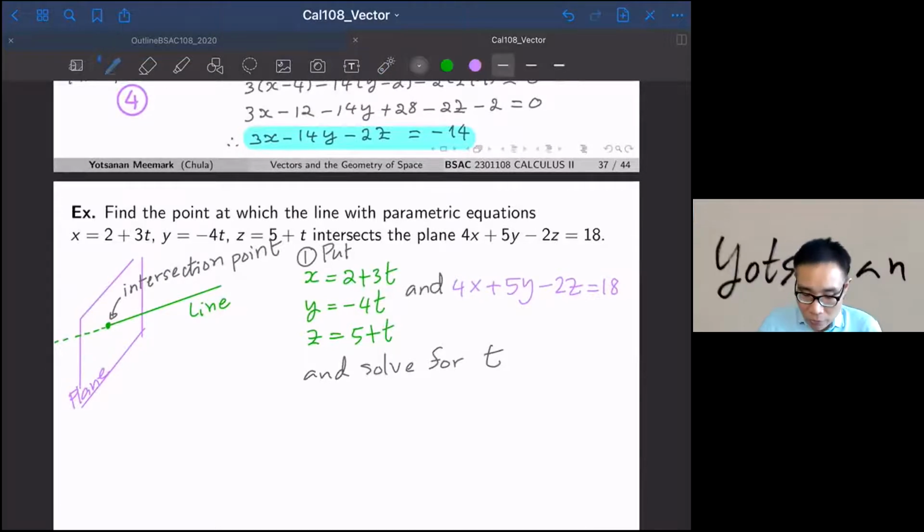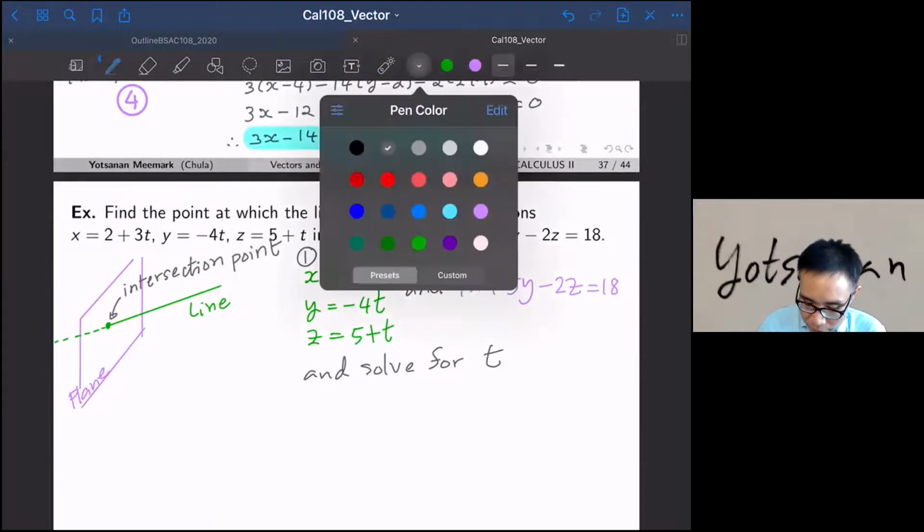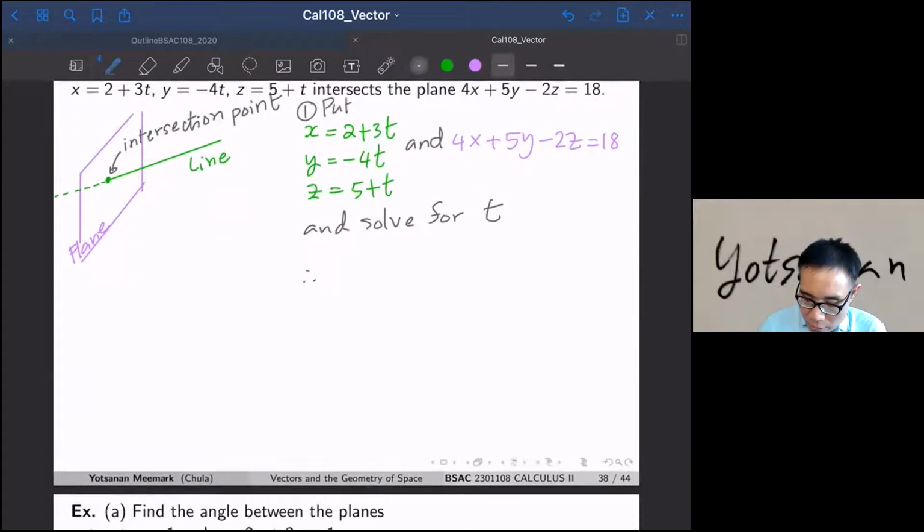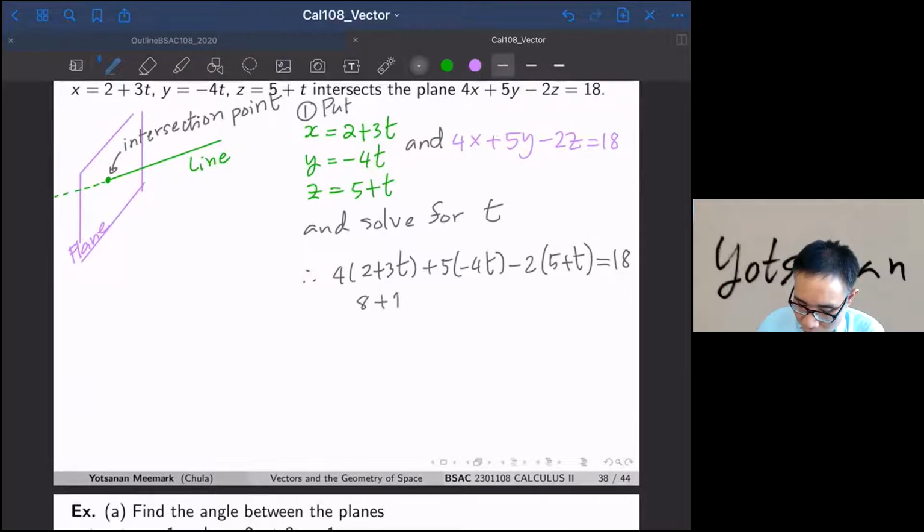So you get 4 times (2 plus 3t) plus 5 times (negative 4t) minus 2 times (5 plus t) equal to 18. So you get 8 plus 12t minus 20t minus 10 minus 2t equal to 18.